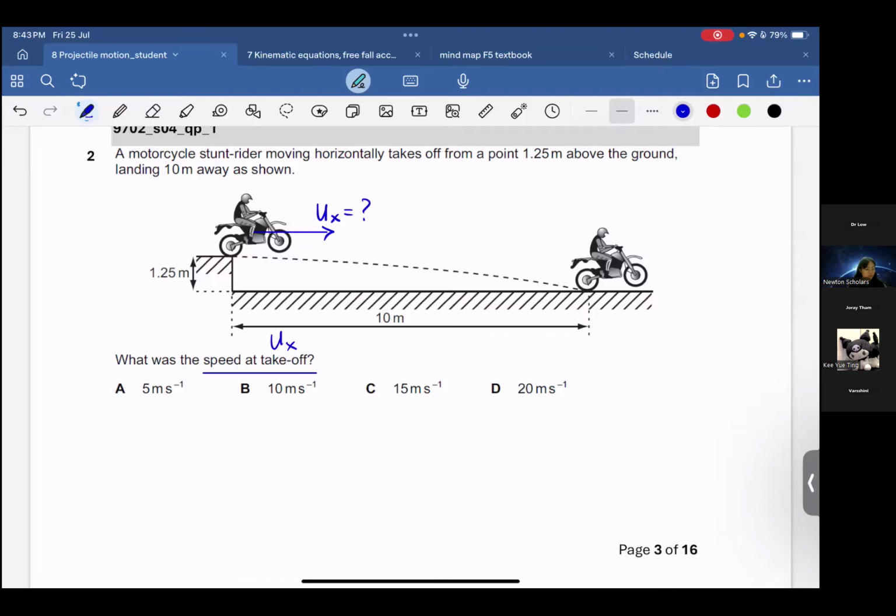Any of you get the answer? This one should be easy. It's just to train you again. The concept is the same.